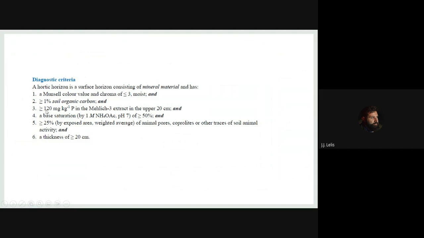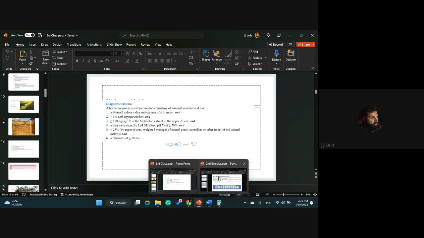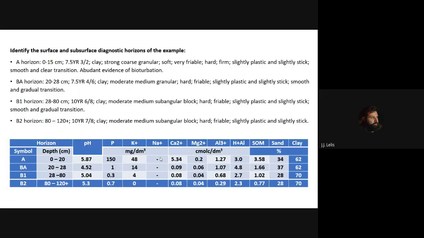It should present a phosphorus content equal to or higher than 120, and here we have, let's see, 115. So we have a phosphorus content that could be related to an Arctic horizon.